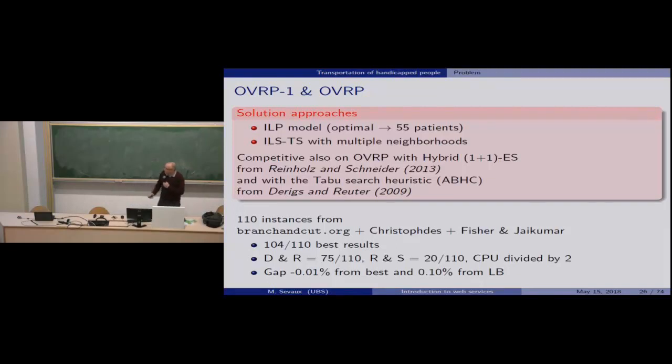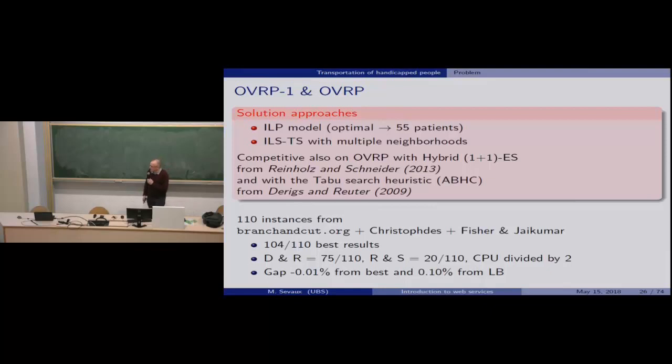And the results we have come from the 110 instances from the branchandcut.org website, the Christofides instances, and the Fisher and Jaikumar instances. And the implementation we made solved 104 of the 110 instances obtaining the best results compared to the performance of the other solvers.